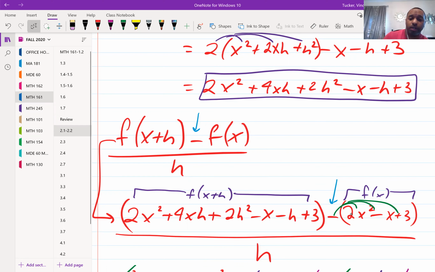And so just pointing out, when you go to plug it into the formula, here's your minus sign. And that first expression is f of x plus h, second expression is f of x.